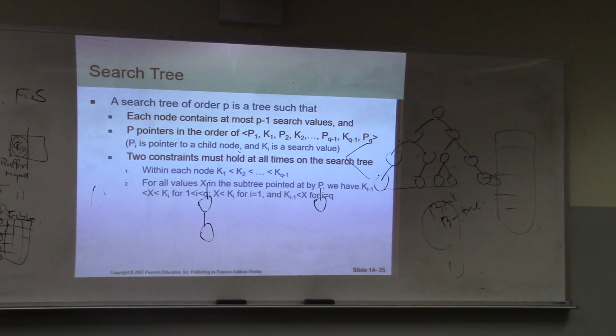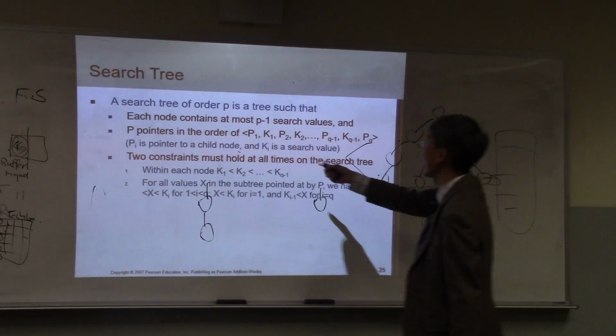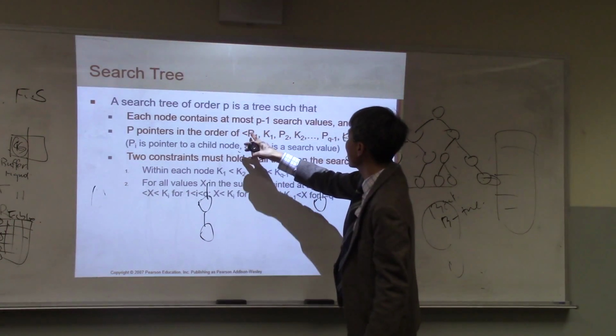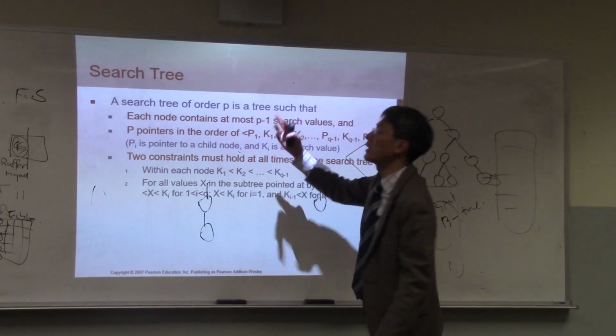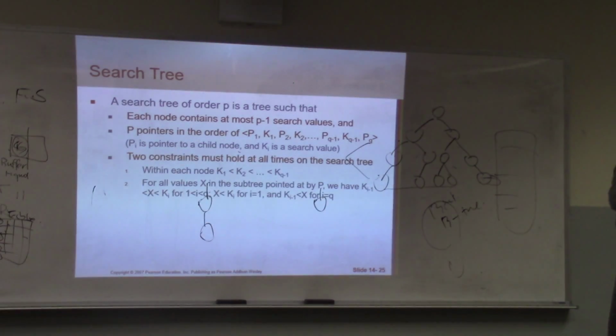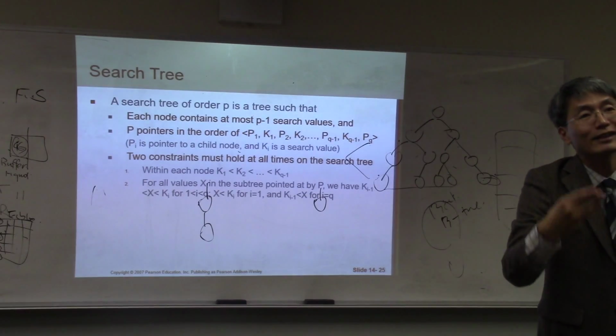As you can imagine, this is almost the same as the binary search tree. Binary search tree is lower or higher. But here the search tree has more than binary. So what does that mean? P K: P indicates pointer address, K means it's an index key entry.